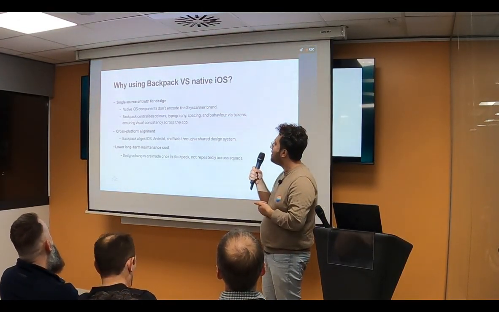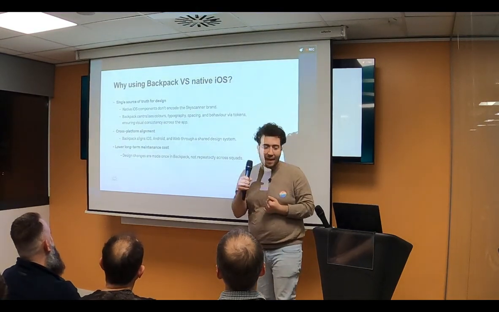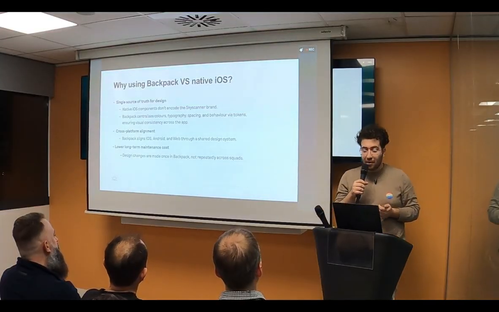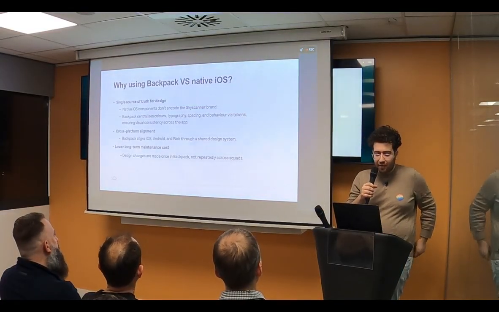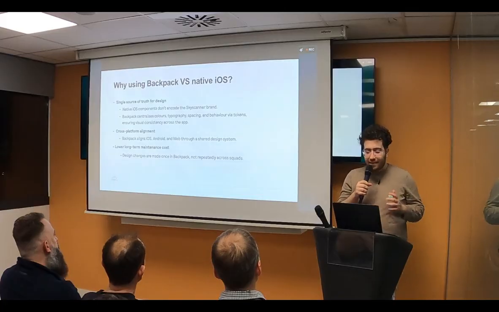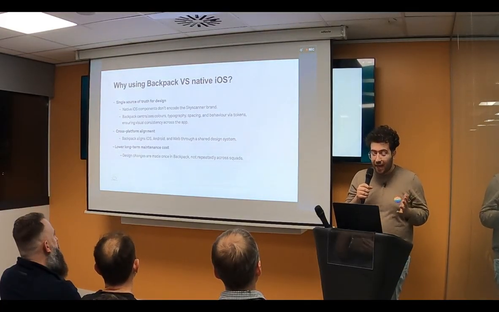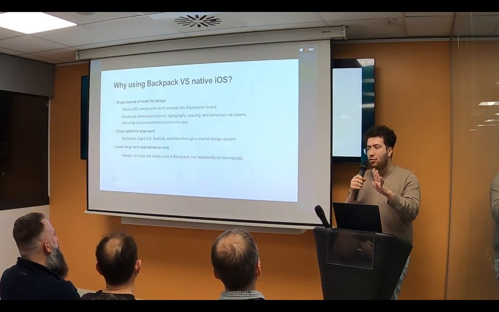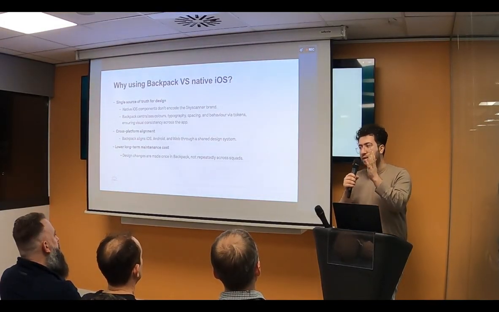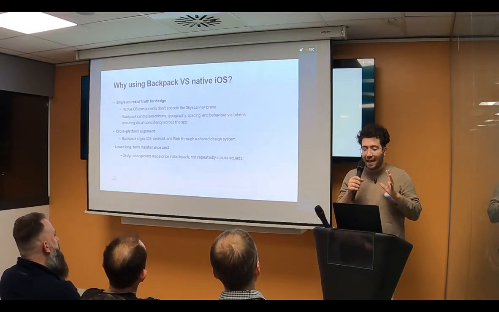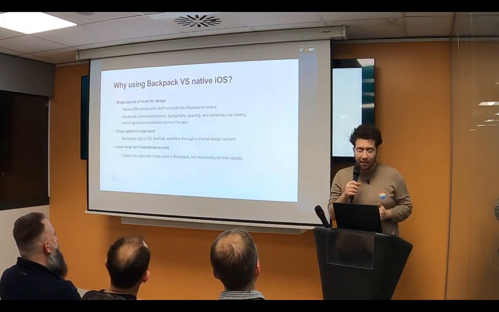Native iOS components can't encode the Skyscanner brand. We want something more than that, so we need a wrapper around that. Backpack also centralizes all the tokens we talked about, spacing, behavior, and it ensures we have consistency between web, Android, and iOS. That's how we make it consistent.